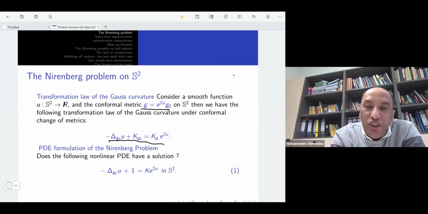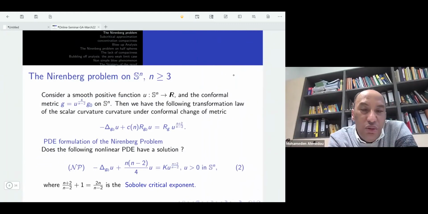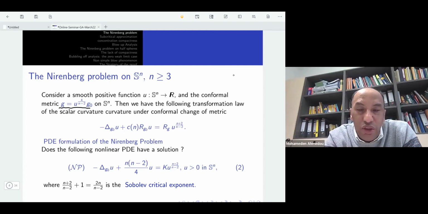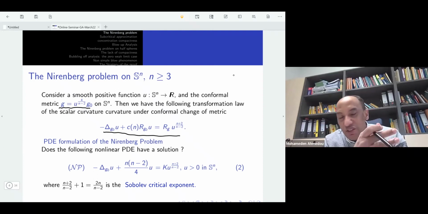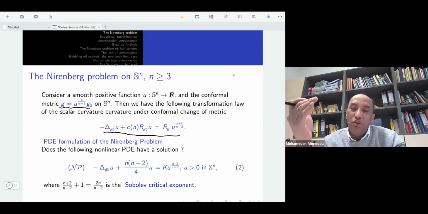In higher dimension you have something similar. In this case you choose your conformal metric to be equal to u to the power of 4 divided by n minus 2 times the background metric. Then the transformation law of the scalar curvature under the conformal change of the metric tells you that u should satisfy the equation minus Laplace u plus a constant c_n times the scalar curvature of the background metric times u equals R, the scalar curvature of the new metric, times u to the power of n plus 2 over n minus 2.